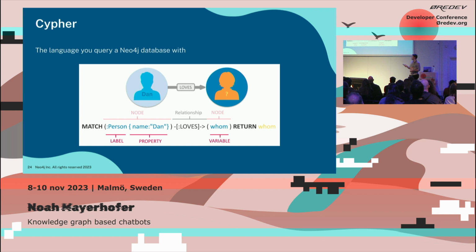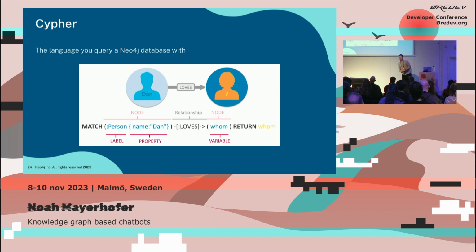To query this graph, we use a language called Cypher, and this is something we're going to use with the LLM. We're going to try to make the LLM generate Cypher to query our graph. This is just a little example of how Cypher works, since you have seen it once, but it's kind of pattern matchy. We write a match clause, and we try to find a person with the name Dan, and then we find the relationship loves from Dan to some node.